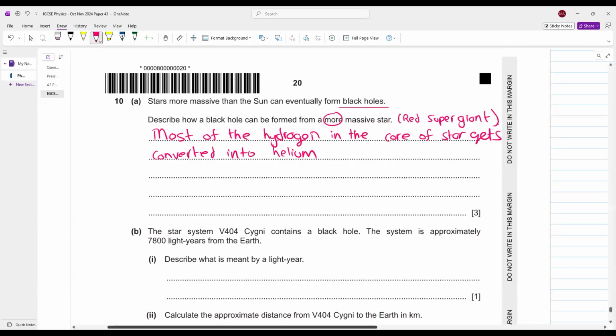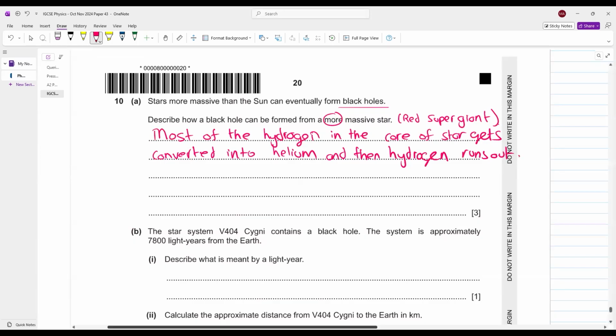And then what happens? And then hydrogen runs out. What will happen further?